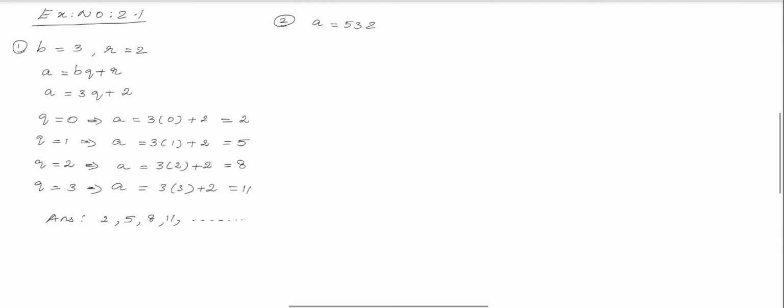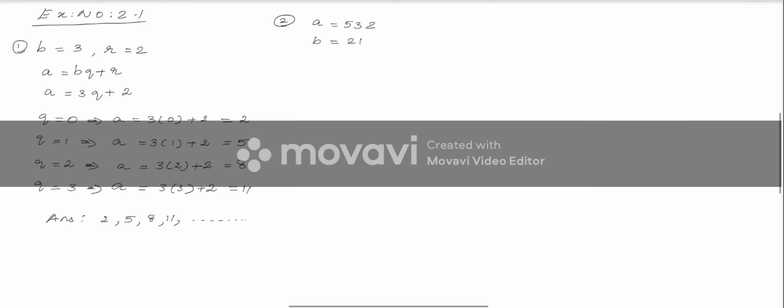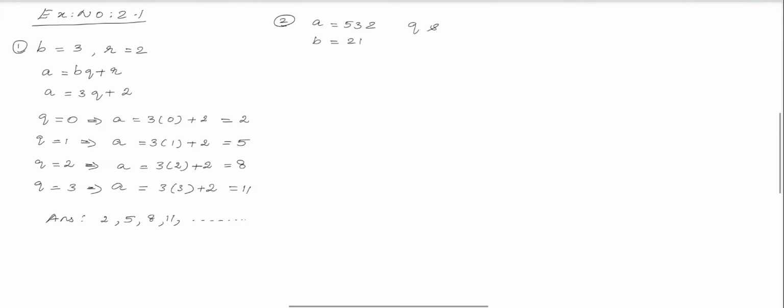So that will be your B. Your divisor is 21 and our question, find number of completed rows. So how many rows are there? That will be your quotient. And how many flower pots left over? That will be your remainder. Are you clear, girls?